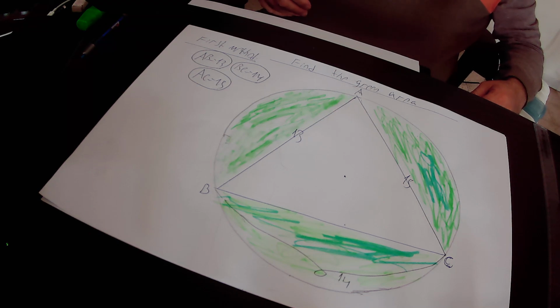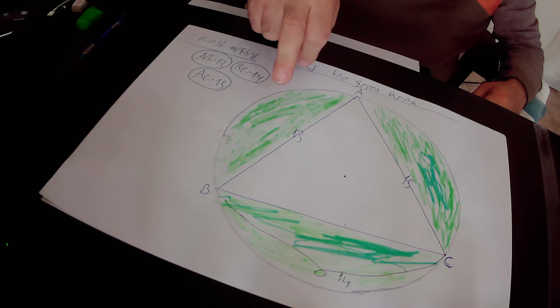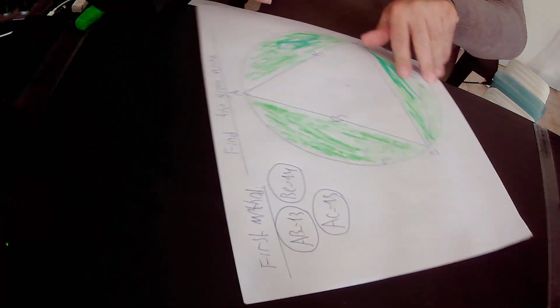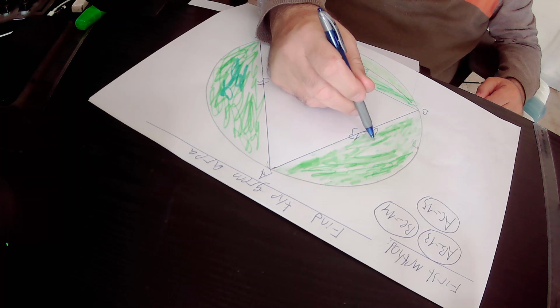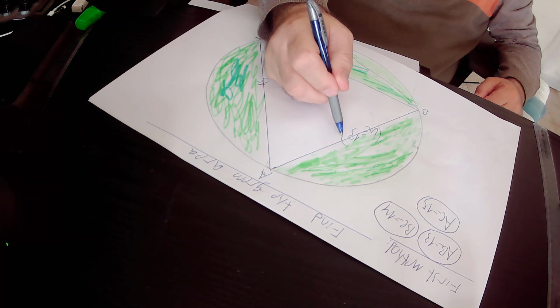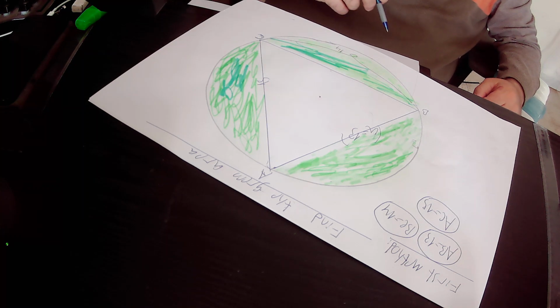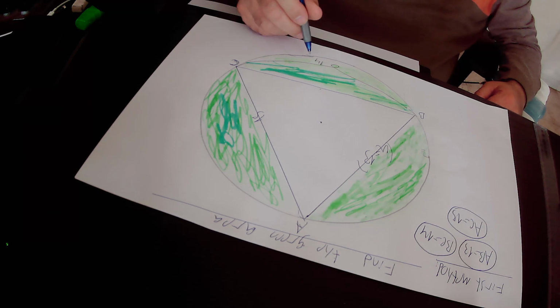So first of all, we will define the length of side AB as A. We know that the length of side AB is 13 units, so A equals 13 units. We define the length of side BC as B, so we know that BC equals 14, so B equals 14.